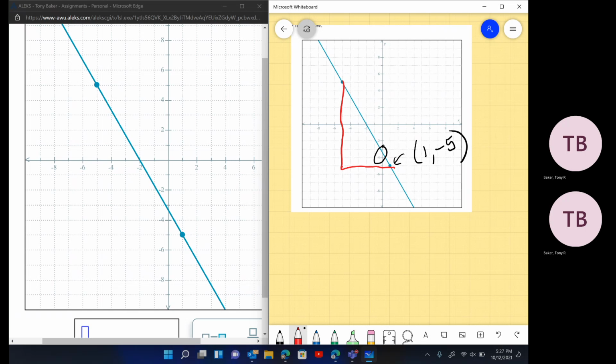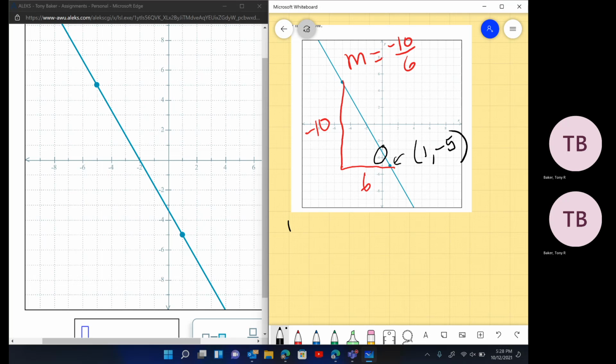So I went down 10, so -10, and over 6. I'm doing the calculation in my head because I know the numbers, but you can easily just count the boxes. So my slope is going to be -10 over 6.